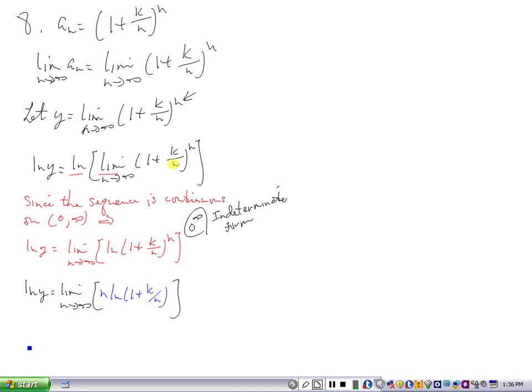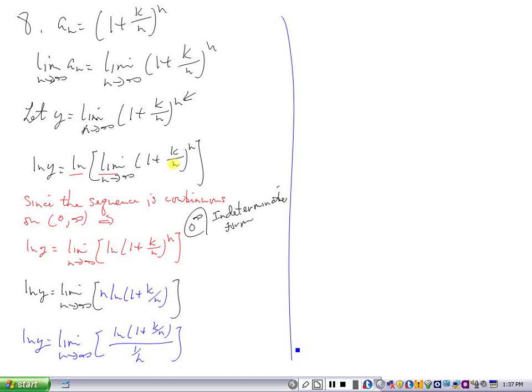So now I can write this as the natural log of y is equal to the limit as n goes to infinity of the natural log of 1 plus k over n divided by 1 over n. That 1 over n downstairs is the same thing as n in our numerator.